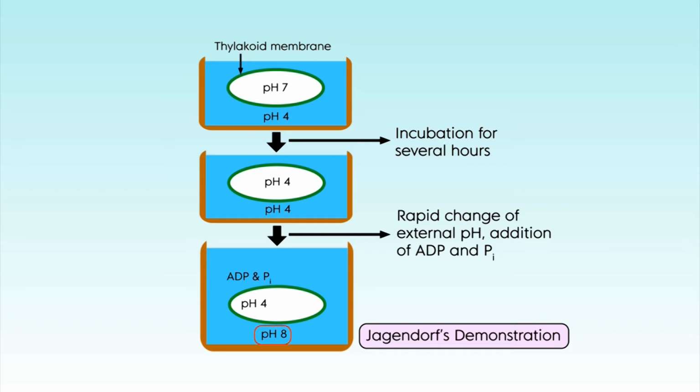The pH of the stroma suddenly increased to 8, whereas the pH of the thylakoid space remained at 4. A burst of ATP synthesis then accompanied the disappearance of the pH gradient across the thylakoid membrane. Now, this experiment was one of the first to support the chemiosmotic hypothesis put forward by Peter Mitchell that ATP synthesis is driven by proton motive force.